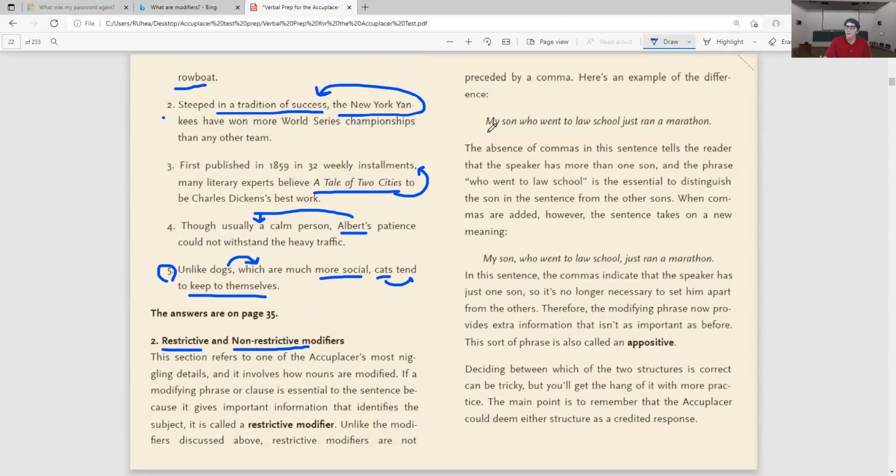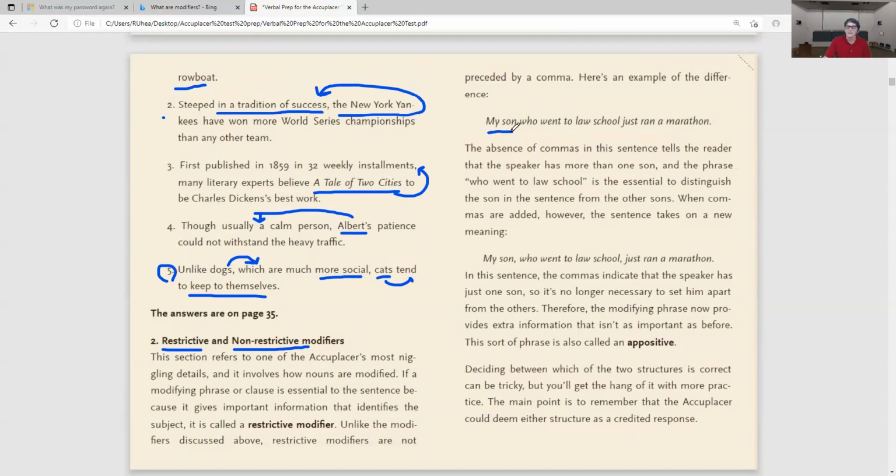And the way to see this clearly is this sentence: my son who went to law school just ran a marathon. When it says my son, that's the subject of the sentence. Who went to law school, the son it identifies specifically is the one who went to law school.